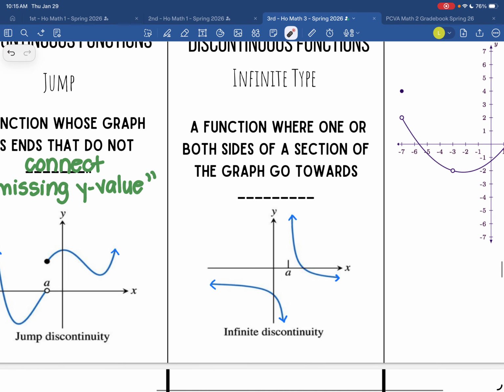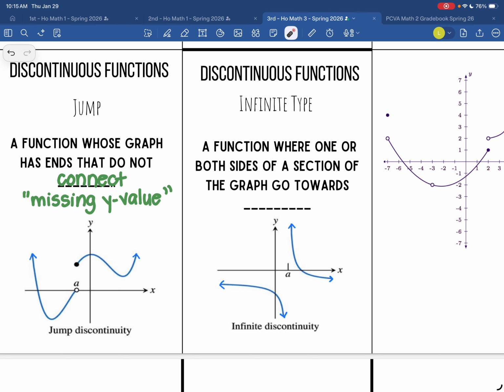All right, and the other type that we're going to talk about is infinite discontinuity. Now, infinite comes from the word infinity, which means that the graphs are disconnected, but they're disconnected not with endpoints. They're still going to have sections that are going to go to positive infinity or negative infinity, but they're never going to come together with each other.